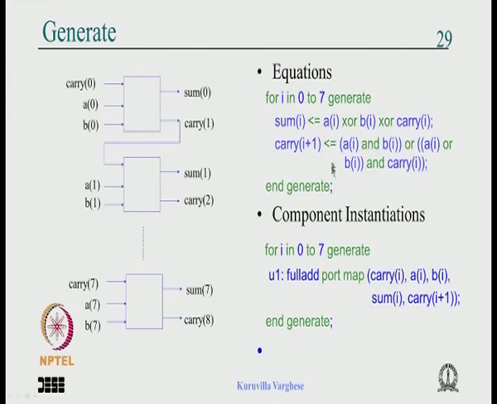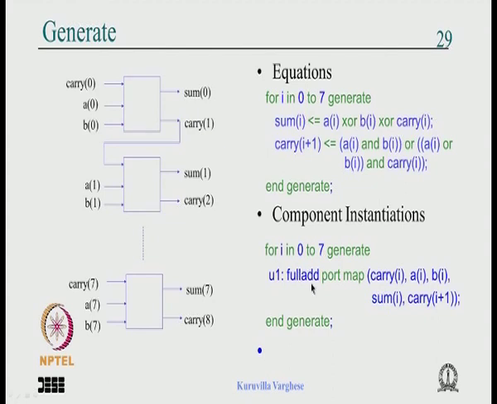Then you write a top level component which is composed of the interconnection of all these, showing the netlist which we have seen, and that can be worked out by this kind of generate loop.